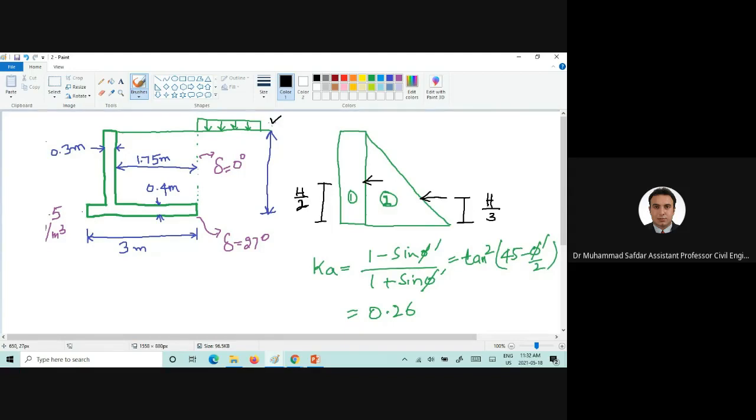Now, from Geotech 2, we already know that we can find out the horizontal force if we use this equation, Ka into Q into H. But we need Ka here, and Ka can be found out using Rankine's lateral pressure theory, and for you it's 0.26.